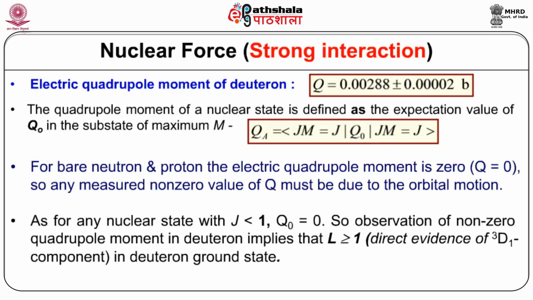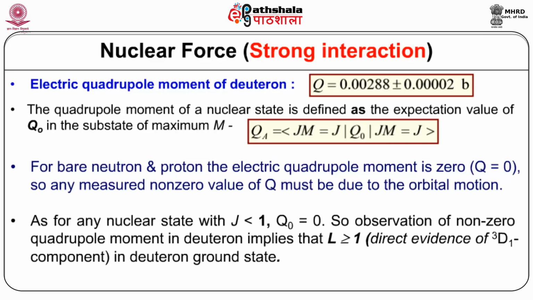The quadrupole moment of a nuclear state is defined as the expectation value of Q_0 in the substate of maximum M. That is, Q is equal to the expectation value of Q_0 in the state J under the condition when M is equal to J. For bare neutron and proton, the electric quadrupole moment is 0, because the neutron doesn't have any charge and the proton is isolated.